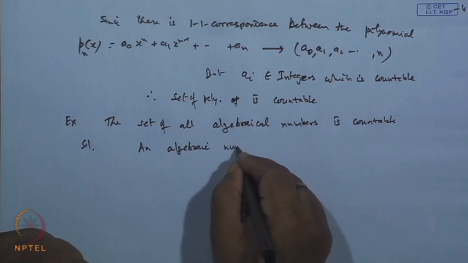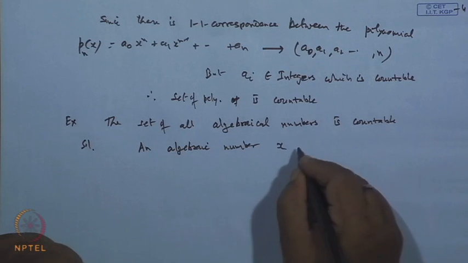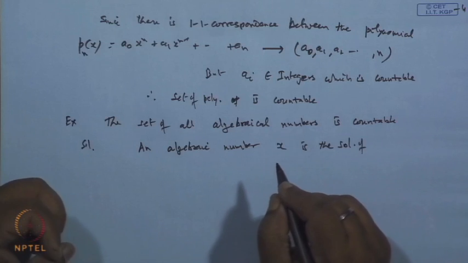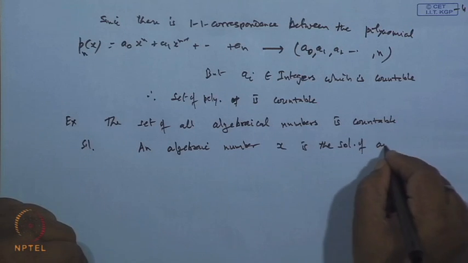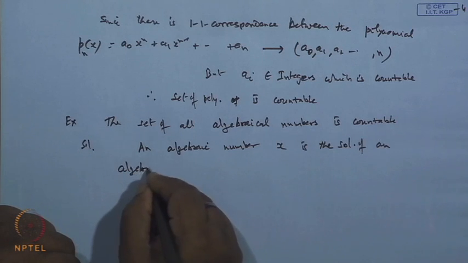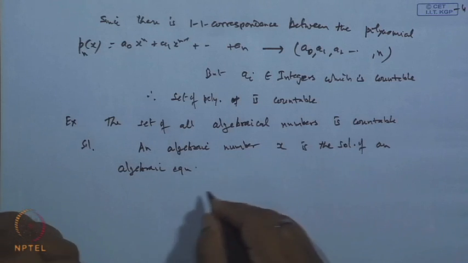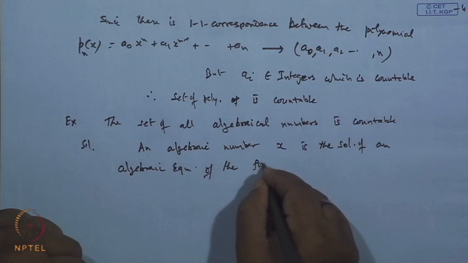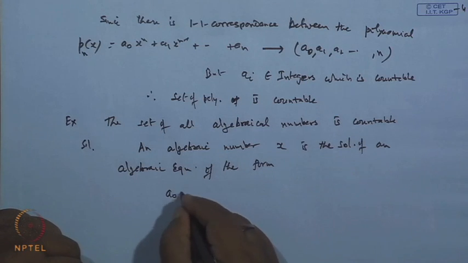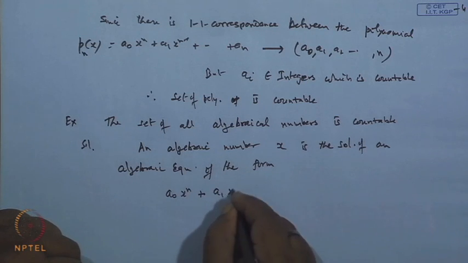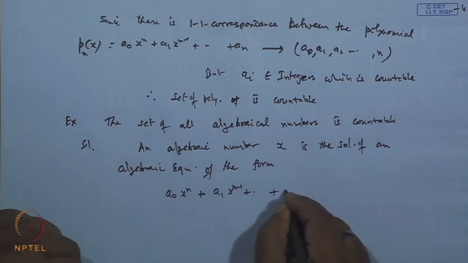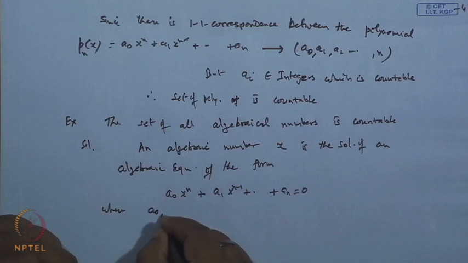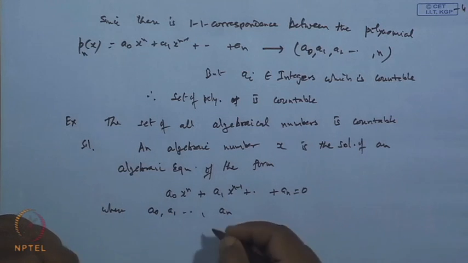An algebraic number x is a solution of an algebraic equation of the form a0 x to the power n plus a1 x to the power n minus 1 plus ... plus an equal to 0, where the coefficients a0, a1, a2, ..., an are all integers.